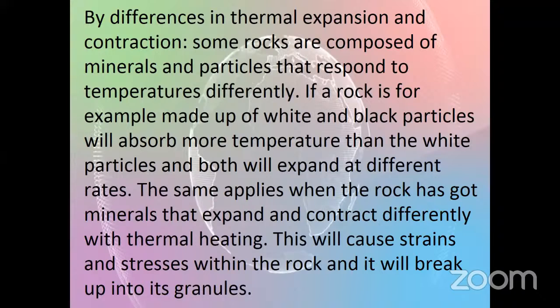Some rocks are composed of minerals and particles that respond to temperatures differently. If a rock is, for example, made up of white and black particles, the black will absorb more temperature than the white particles, and both will expand at different rates. The same applies when the rock has minerals that expand and contract differently with thermal heating. This will cause strains and stresses within the rock and it will break up into its granules.